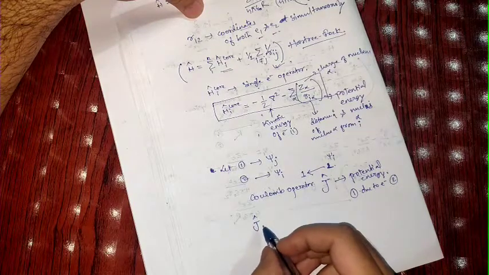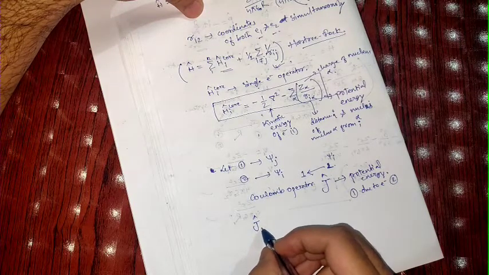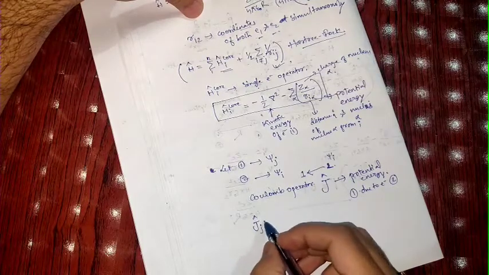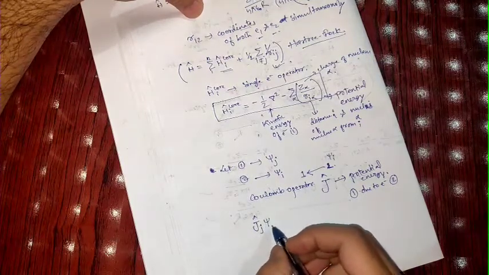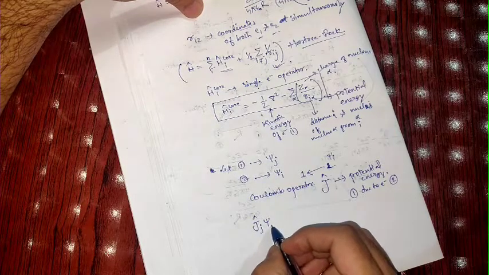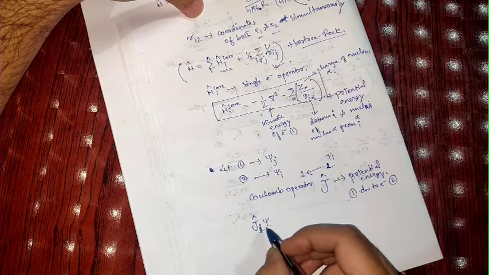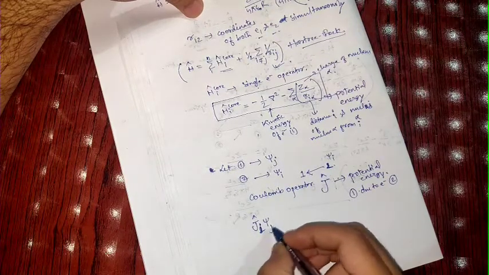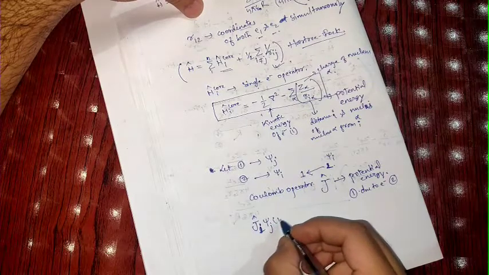Here we have considered J cap i, acting on psi j of 1.